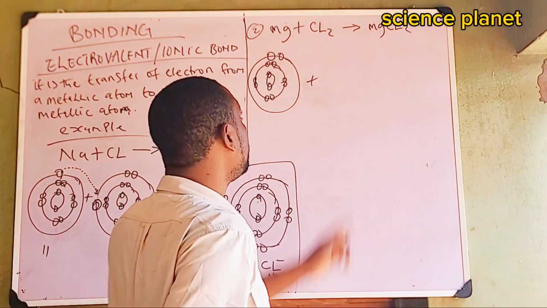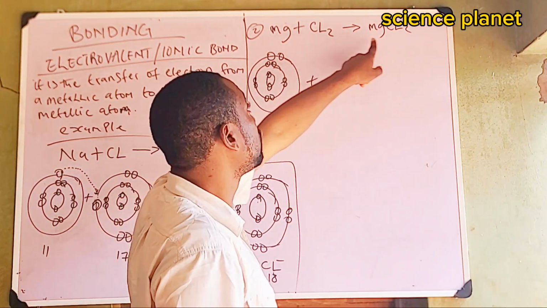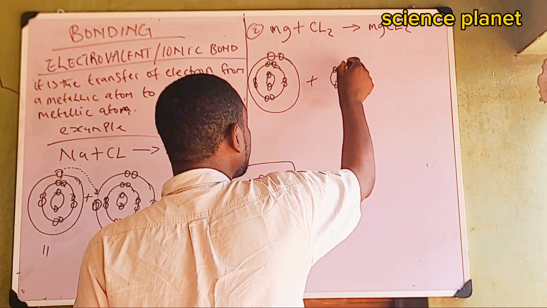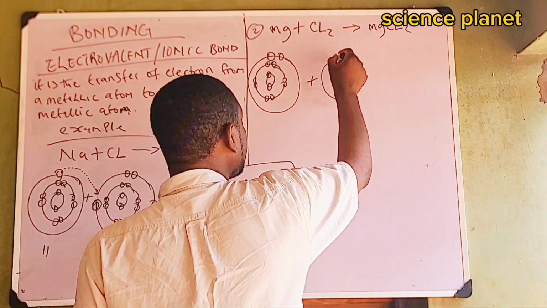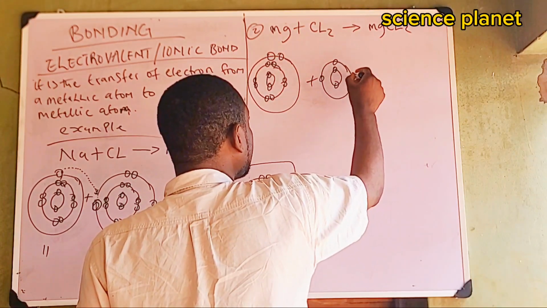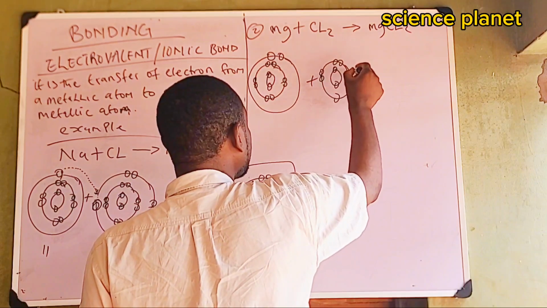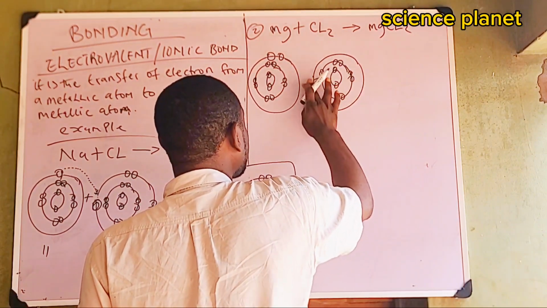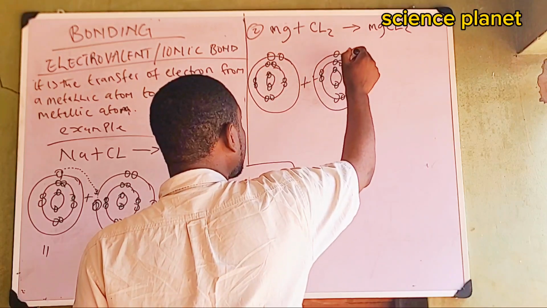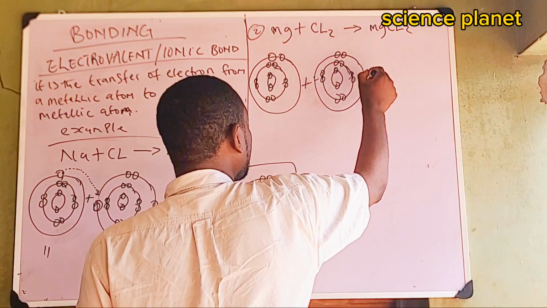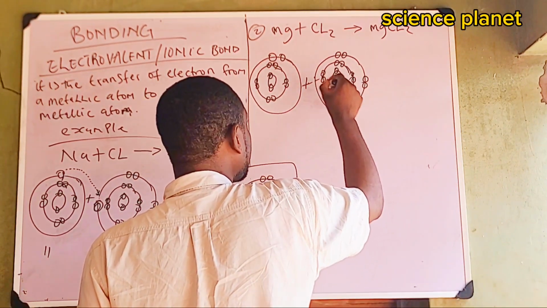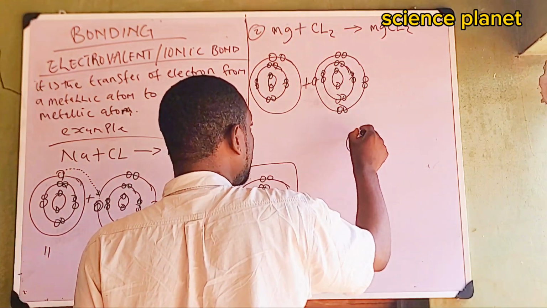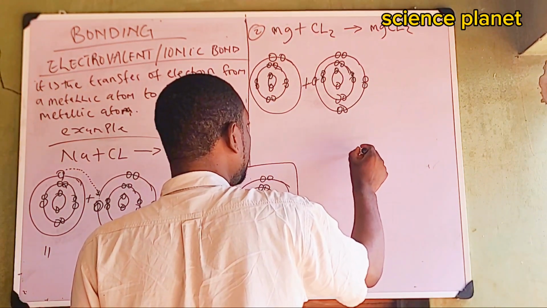You have 2 atoms of chlorine, because this is Cl2, meaning 2 atoms of chlorine.